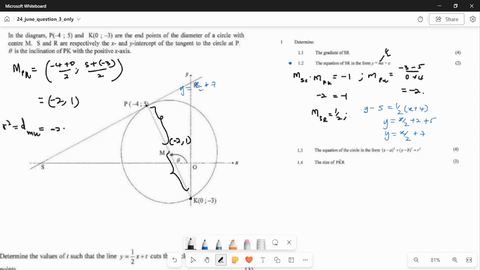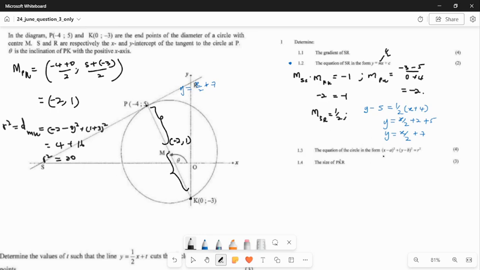Let's say negative 2 minus 0 all squared plus positive 1 minus minus 3, it's going to be plus 3 all squared. So we'll have negative 2 squared, that's going to be 4 plus 4 squared, that's 16. So our r squared is equals to the value 20.